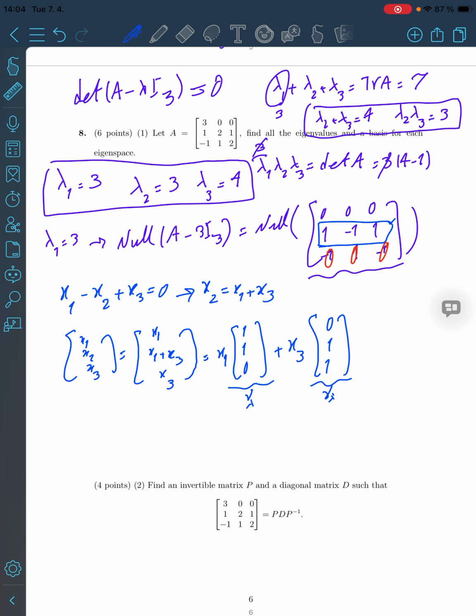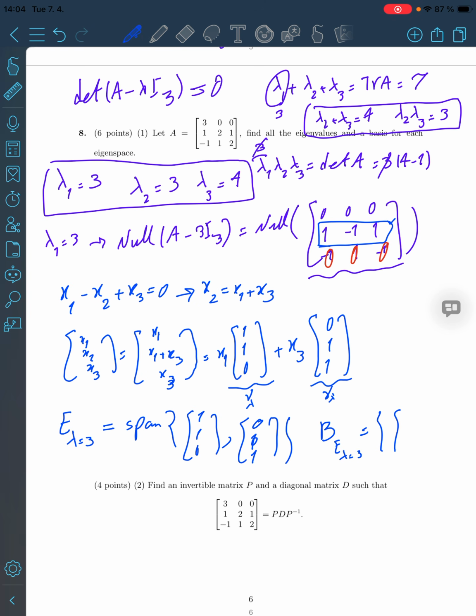Therefore we can say that the eigenspace for lambda equal to 3 is the span of those vectors 1, 1, 0 and 0, 1, 1, and the basis for lambda equal to 3 is just the set of those vectors 1, 1, 0 and 0, 1, 1. Okay, I'm done with this part.